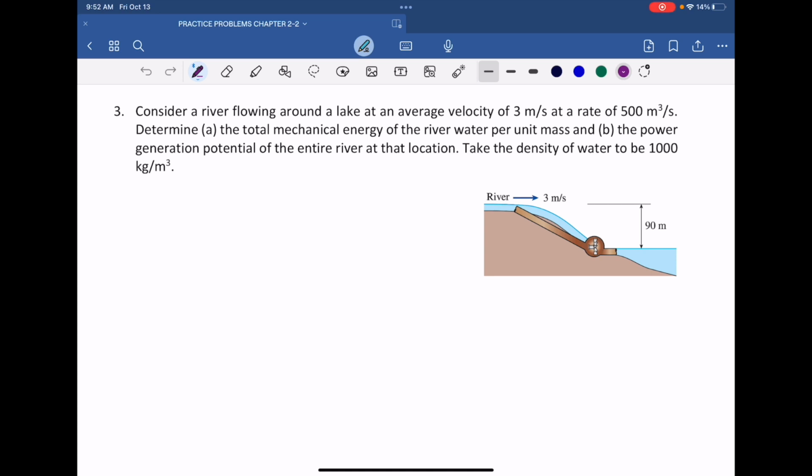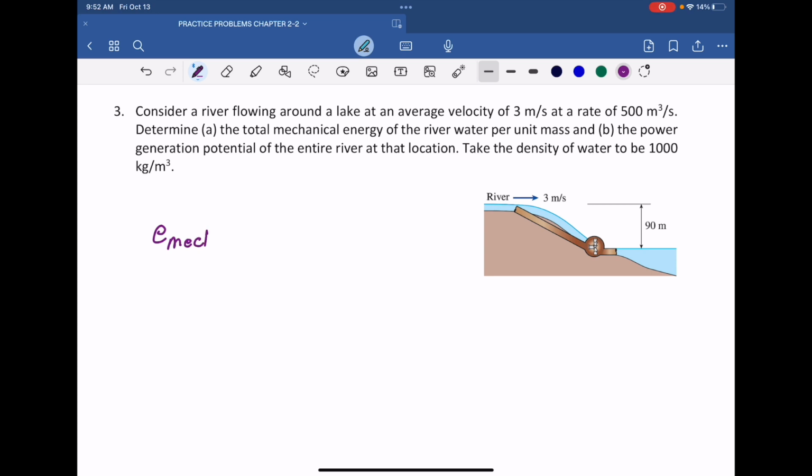Now, from the sketch, we can understand that there is a potential energy change for the river, which is doing work, like rotating a shaft at the bottom. So what we need to do now is calculate the mechanical energy of that fluid. We can do that by using the equation we learned in class. Let's write it down.